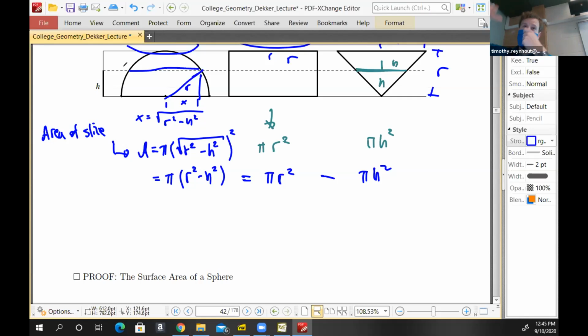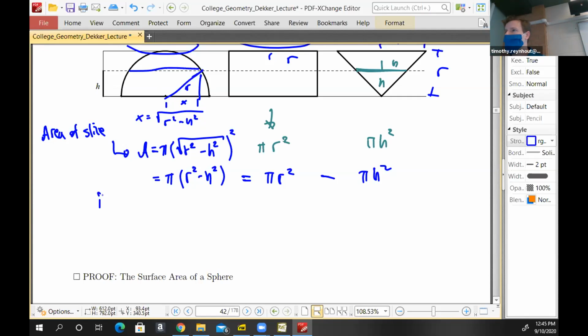Whatever variable you want to call it doesn't matter. We're integrating over height, so call it h. So we would take these areas multiplied by dh to get our change in volume, and so we could integrate.